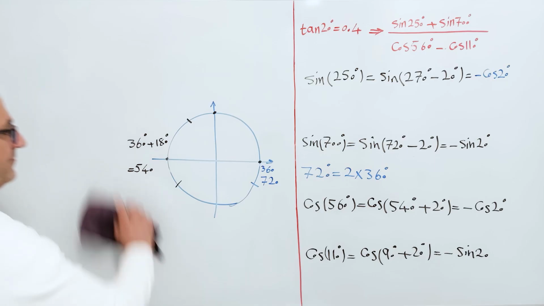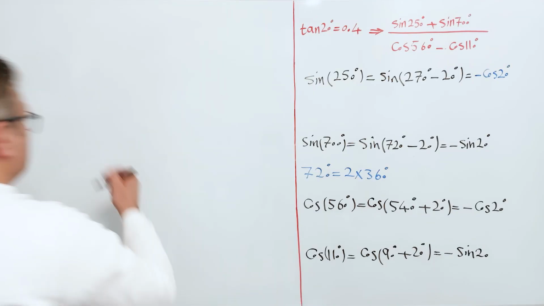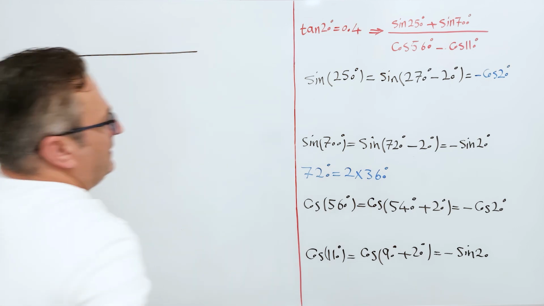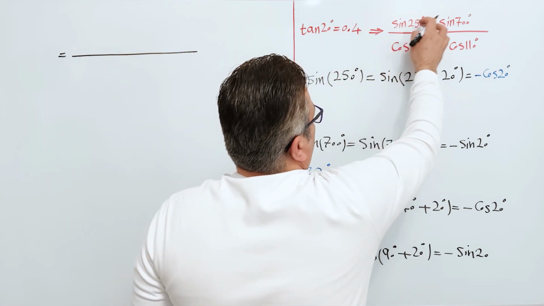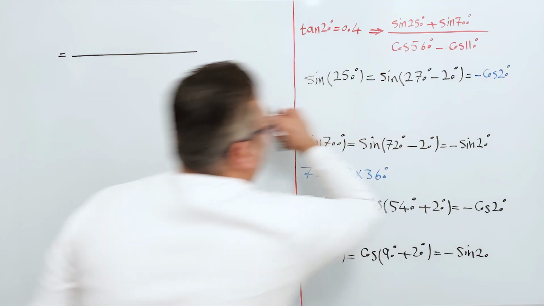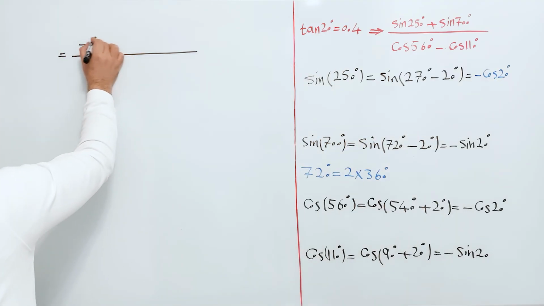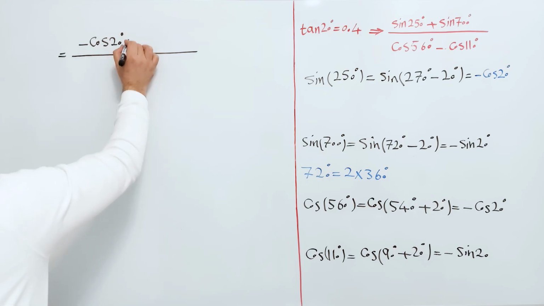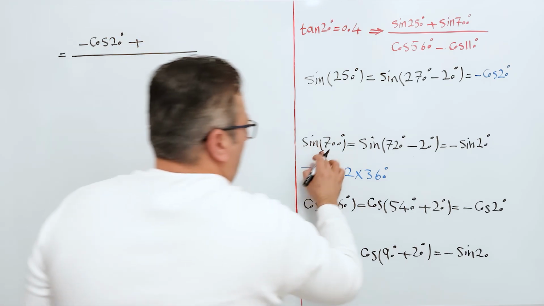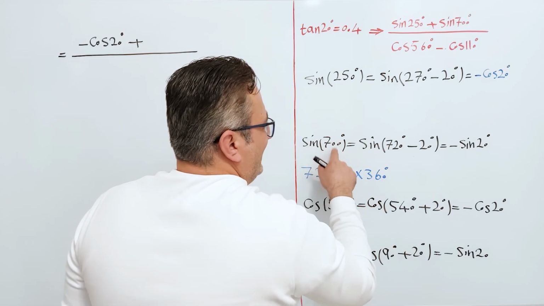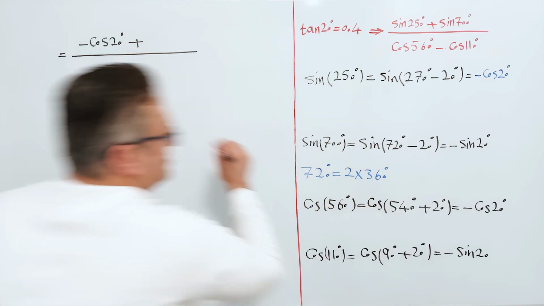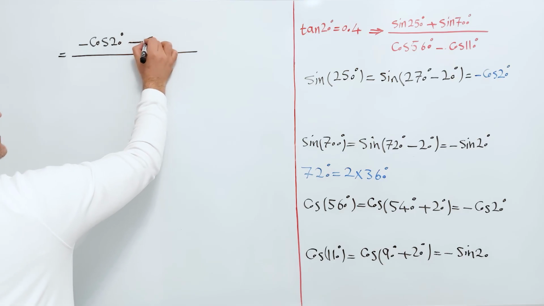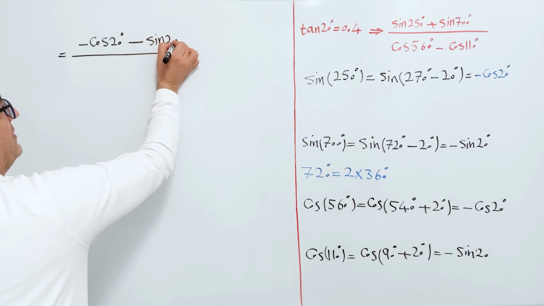Okay, so this fraction is equal to: sine of 250 degrees is equal to minus cosine of 20 degrees, plus sine of 700 degrees is equal to minus sine of 20 degrees.